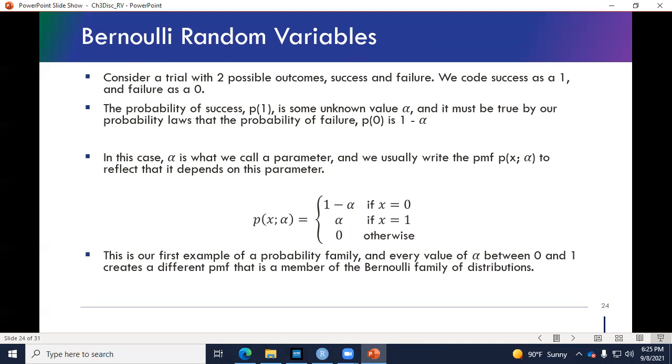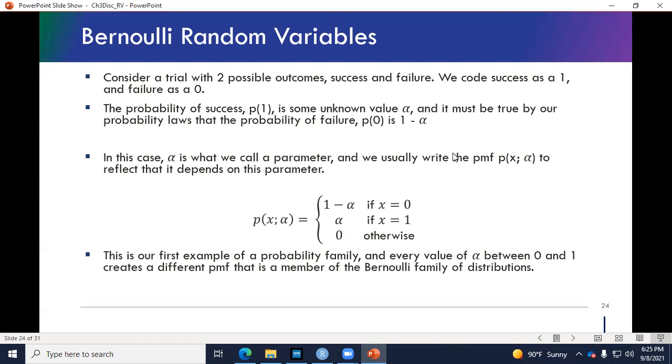Then the probability of success we denote as an unknown value alpha. And it must be true that the probability of 0, failure, would be 1 minus alpha.